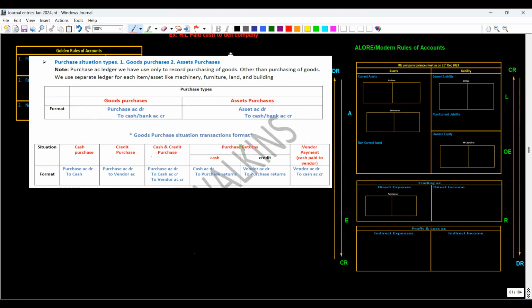Okay, next type, which one? That is goods, cash and credit purchases.